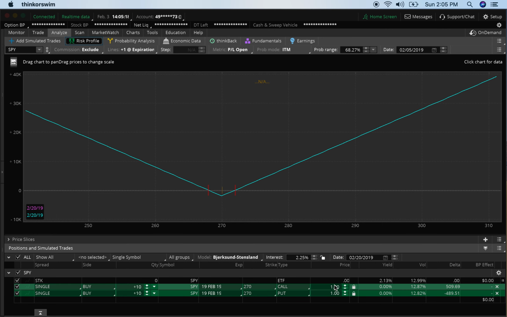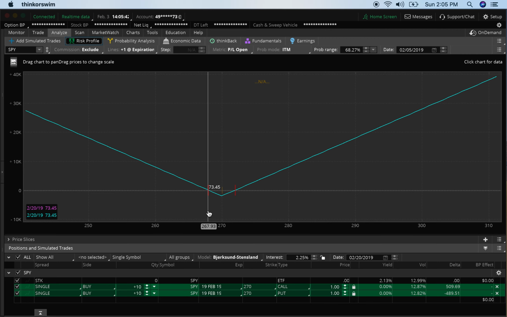If you paid $1 for the call and $1 for the put, and they're both out of the money, right? So it's all time value. Well, I guess even if they're in the money, your break even is the strike plus the premium you pay. So 270 plus $2, 272 is going to be your break even. Or on the other side, it's going to be 268, right?